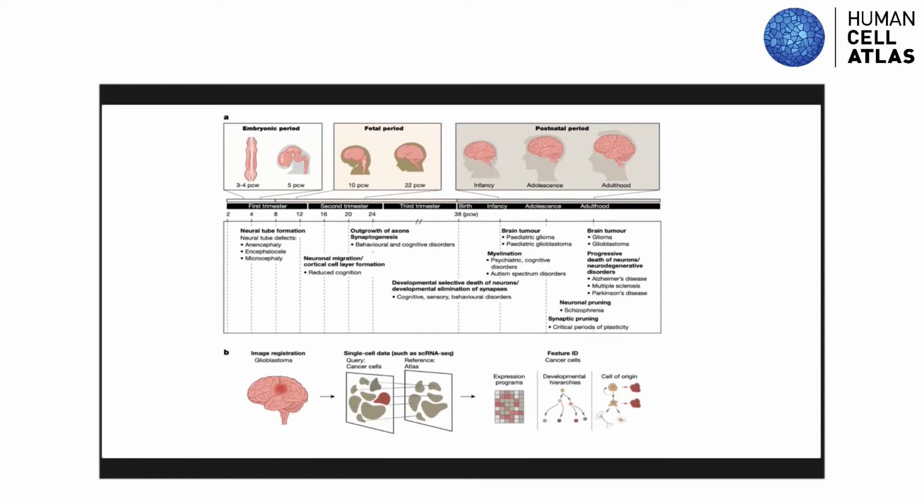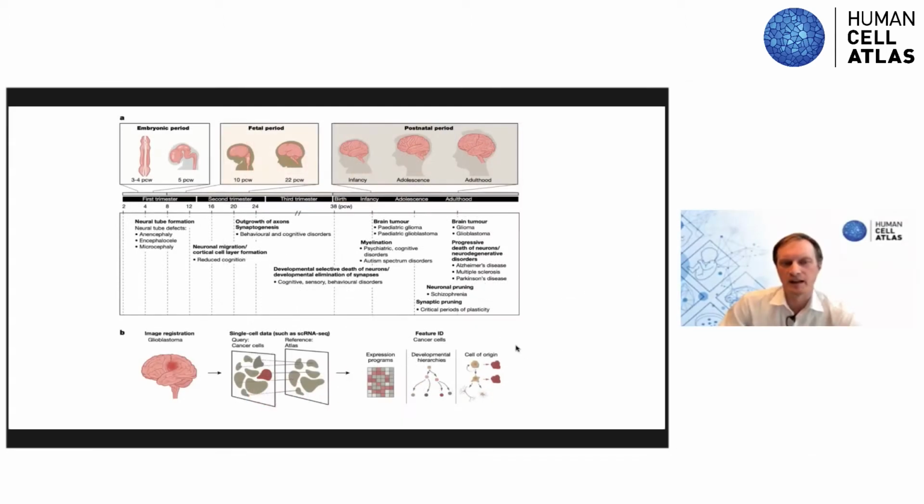And then we need cell states, which you can get from single-cell RNA-seq data, for example, so we can compare our diseased cells with the healthy cells. And ideally, we need true developmental hierarchies, so lineages, cell trajectories, and so on, so that we can study cell of origin in cancer, or we can study the recurrence of developmental pathways in adult disease.